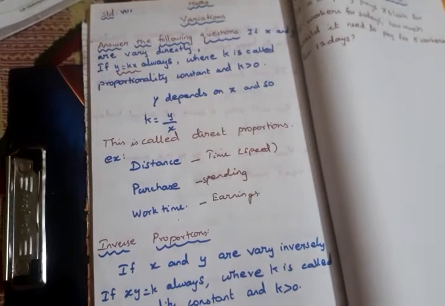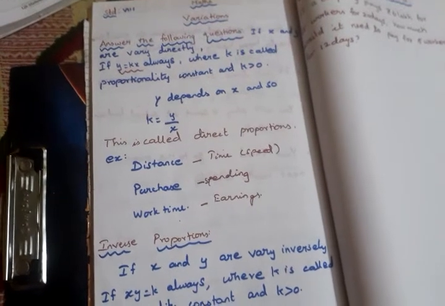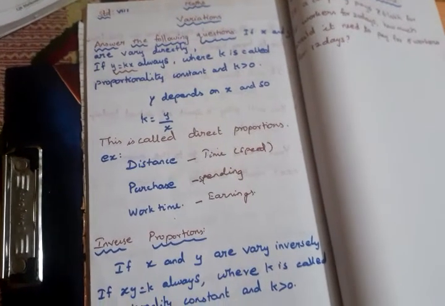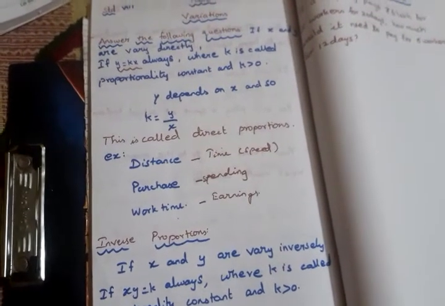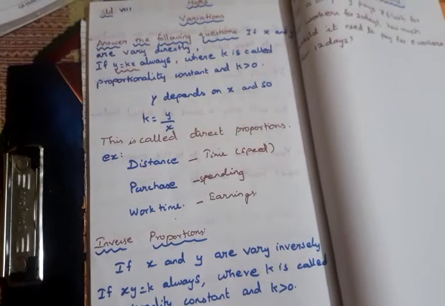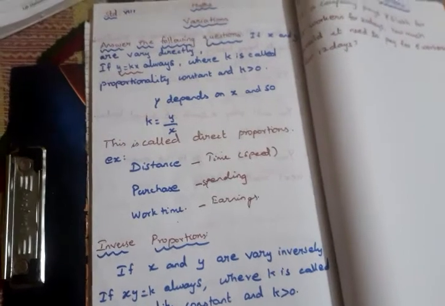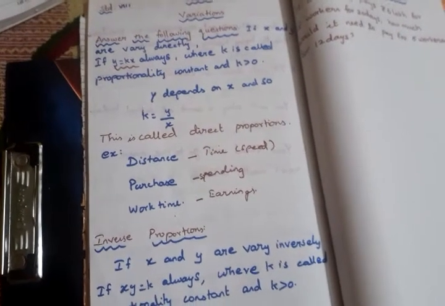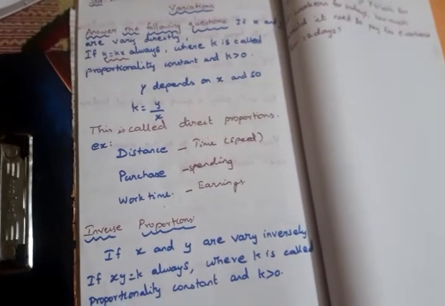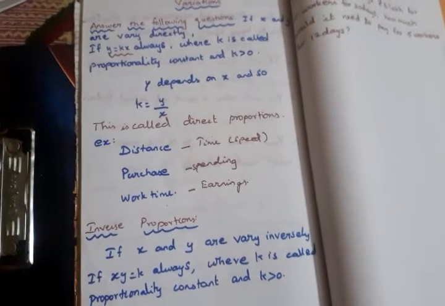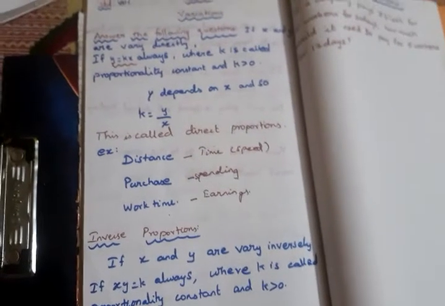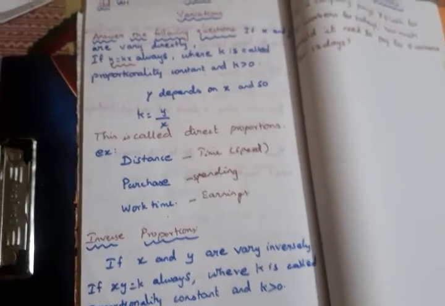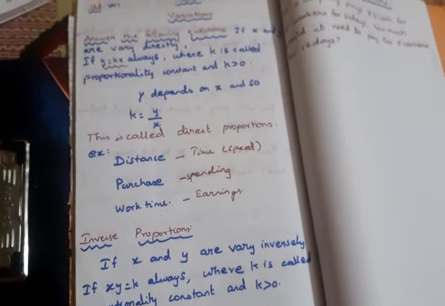If we go to a shop to buy a dress, vegetables or fruits, that is spending. Work time means earnings. If the number of hours worked is less, then the pay earned will also be less. That is called direct proportion.